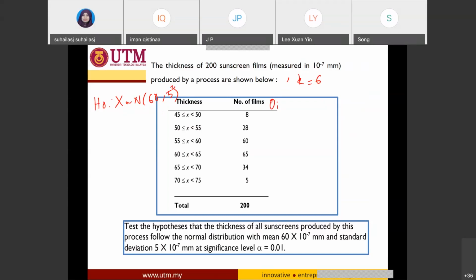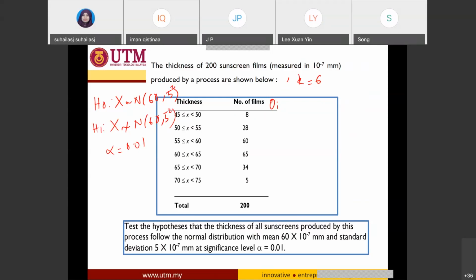The alternative: X does not follow a normal distribution. You want to test at alpha 0.01. Now we need to find the probability.